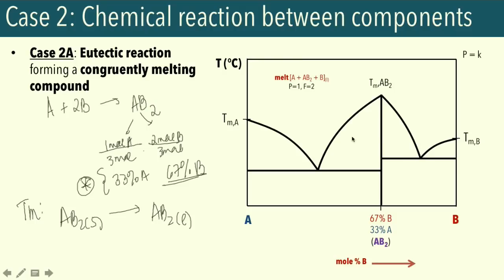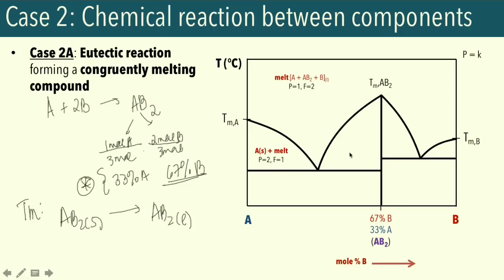Moving on to this region over here, we have pure A solid, and we have our bordering side over here, which is our melt. So we have A solid plus melt, so number of phases is equal to 2, and our variance is just equal to 1.